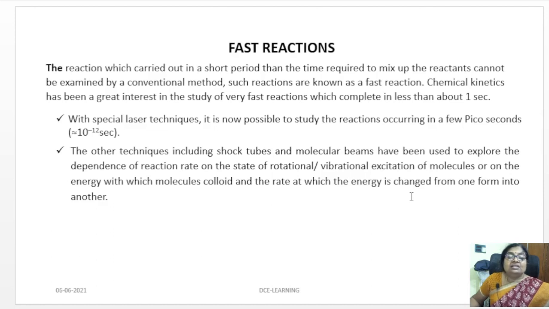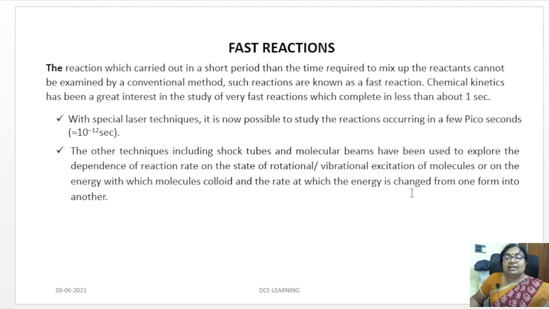Chemical kinetics has great interest in the study of very fast reactions which complete in less than about 1 second. Some special techniques are used nowadays, especially laser techniques, which make it possible to study reactions occurring in a few picoseconds, that is 10 to the power of minus 12 seconds.